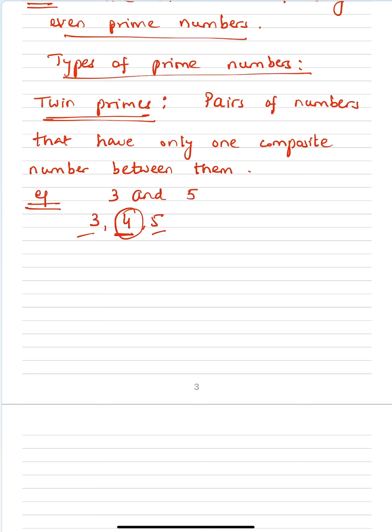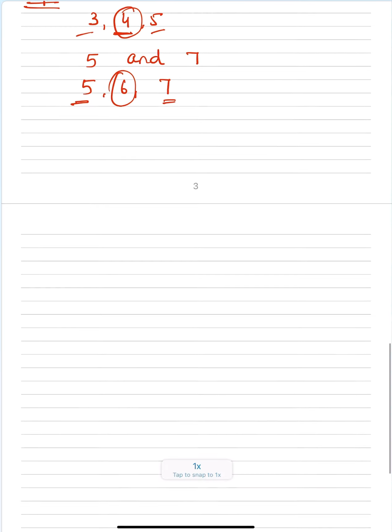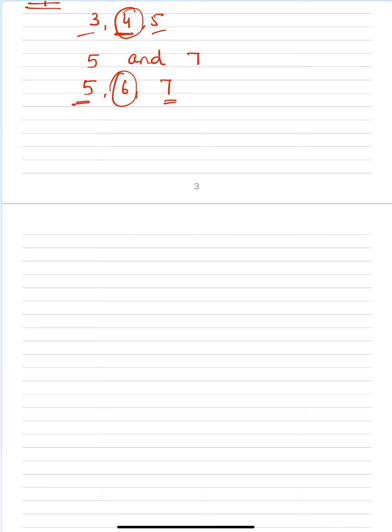Let us take one more example, 5 and 7. So I can say 5, 6 and 7. Again 6 is a composite number between two prime numbers 5 and 7. Got it? This way these are called twin primes. Now suppose we cannot say between 9 and 11, because 9 is not a prime number, it is a composite number. So if I take 11 and 13, then 11, 12 and 13.